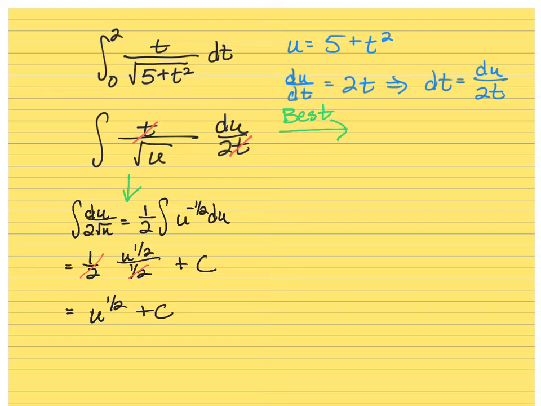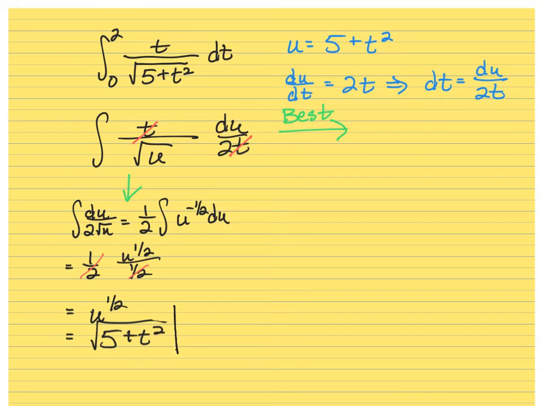Now I convert it back to t's. Square root of 5 plus t squared. I don't need the plus c because this has limits, so just ignore all the plus c's. So I return to the t's, and I get the square root of 5 plus t squared.